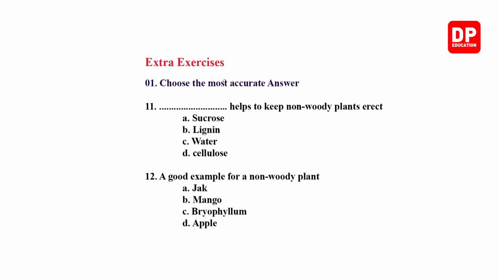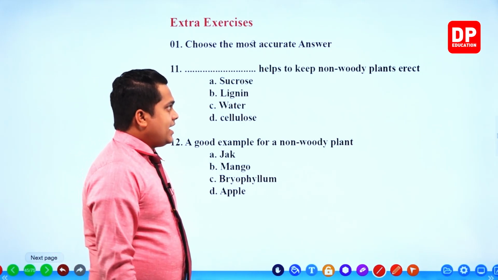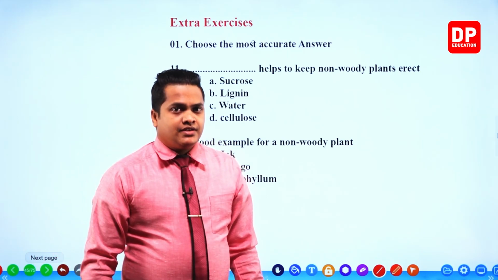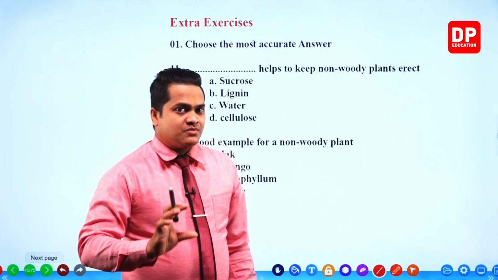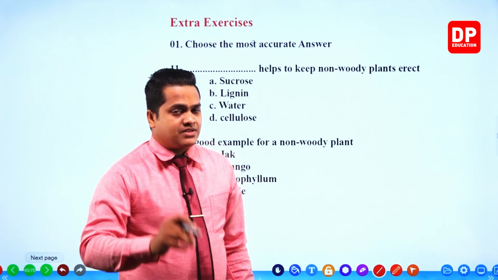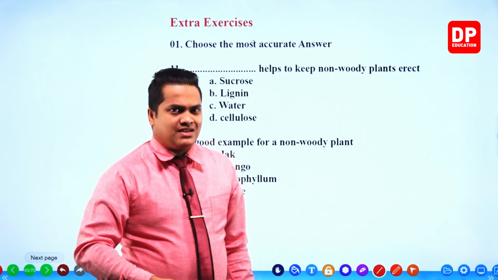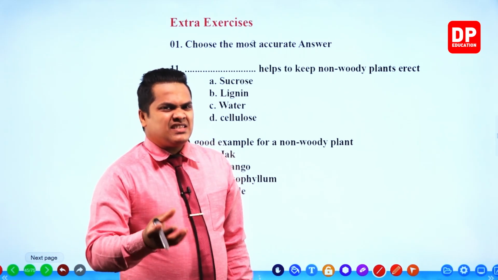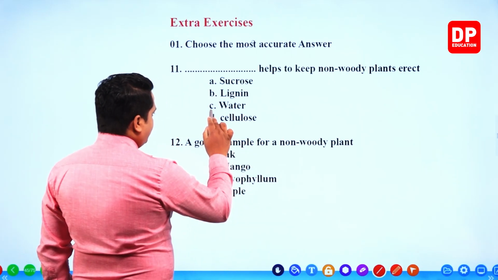Right then, the next question. Blank helps to keep non-woody plants erect. So non-woody plants can be kept erect by using a special type of substance. Actually it can be taken as a chemical substance, but however, this is a simple substance. This substance is water.